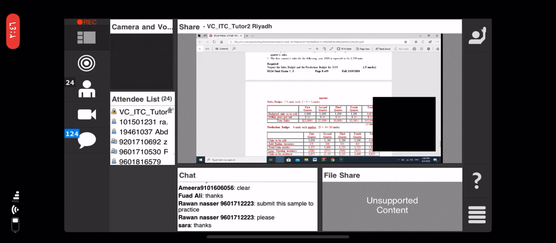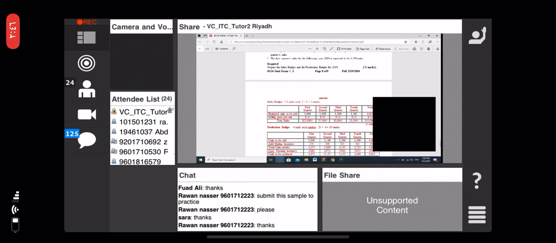When you go to the production budget, the first row will be the same as in the sales budget. So this is units to be sold, the same amount as in the sales budget.